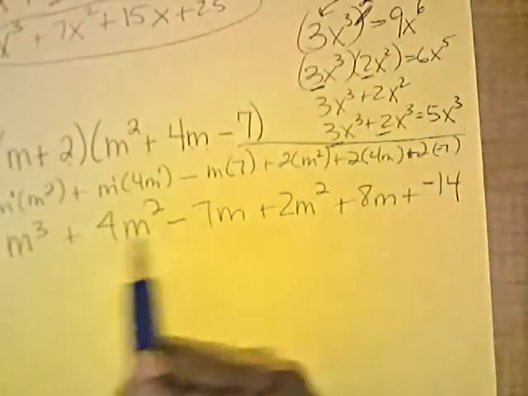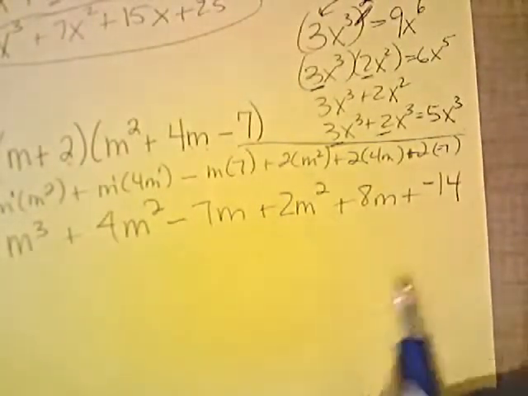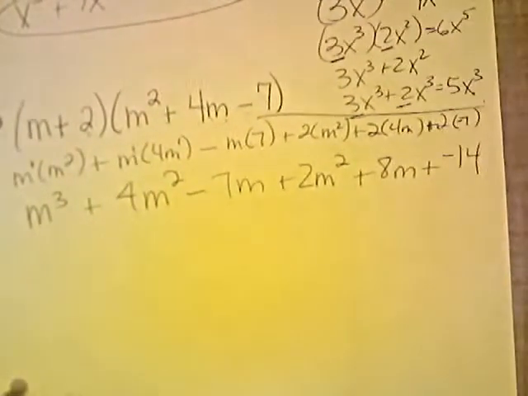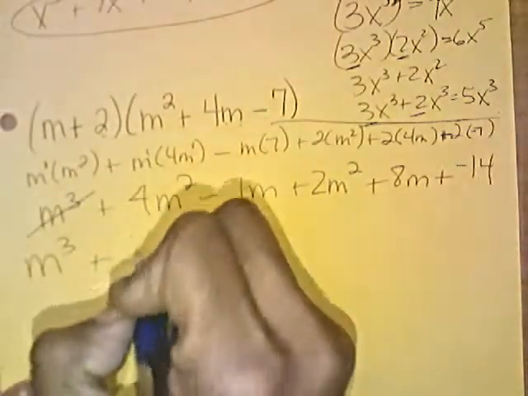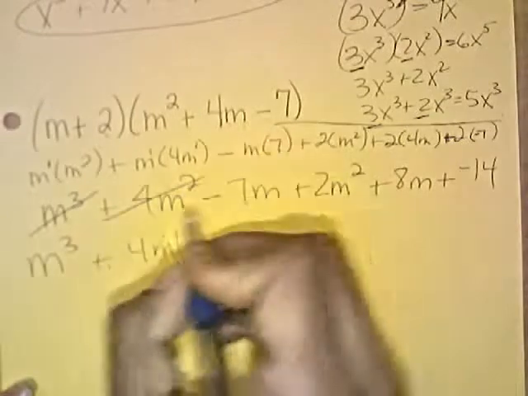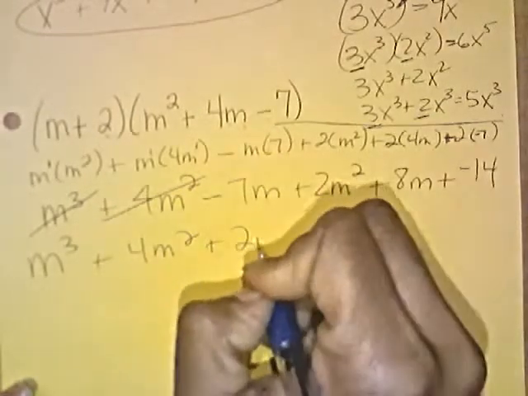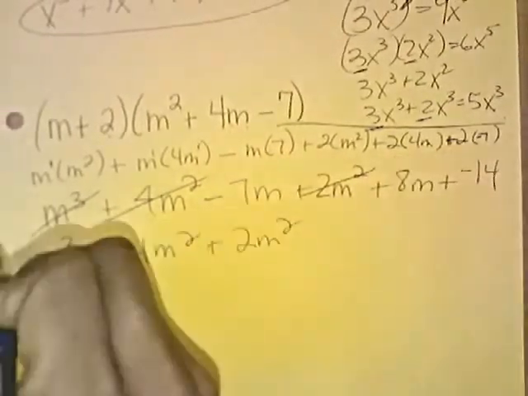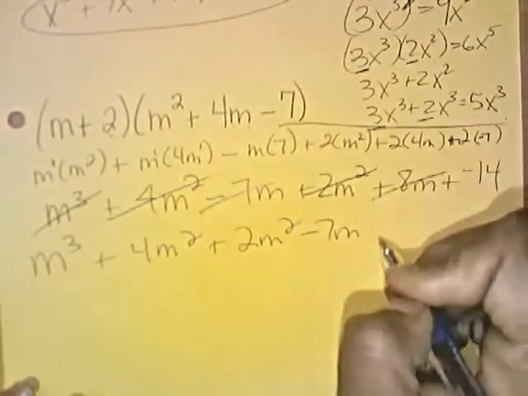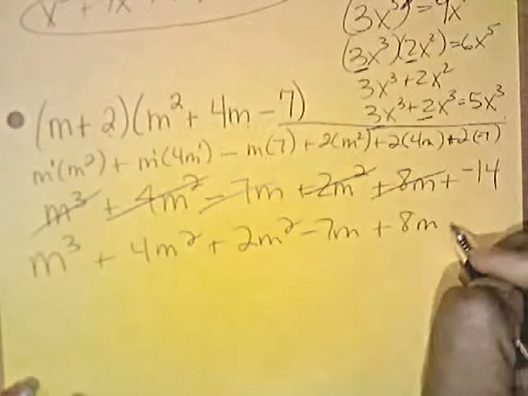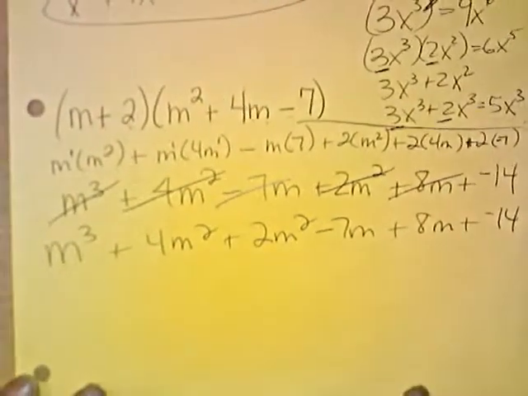Now I'm going to go through and rearrange these so I can have my like terms together. I'm going to speed it up just a little bit because my time is running out. m to the 3rd, plus 4m squared, plus 2m squared. Come back through. Minus 7m, plus 8m, plus a negative 14.